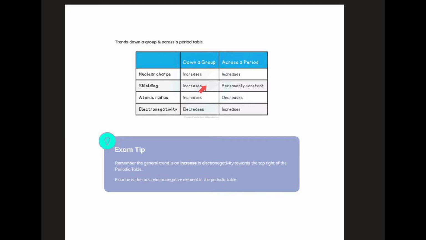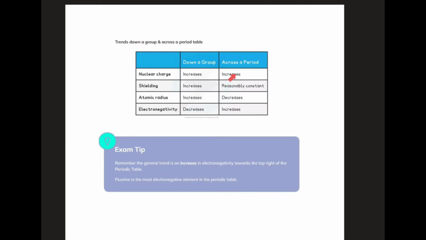Shielding will make repulsion happen. And then atomic radius increases because of the shielding, and because of the big size, the electronegativity decreases. So the trend is you talk about this factor first, then this followed by this, and this one will affect this. If this one's big, this one's small. If this one's small, then this is big.